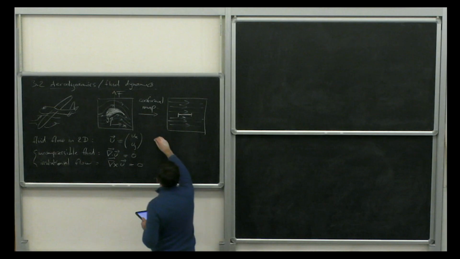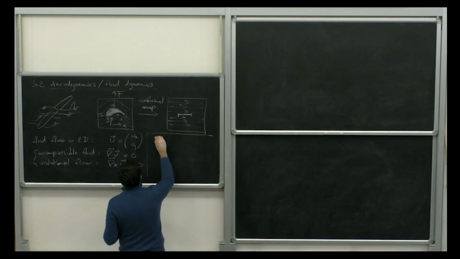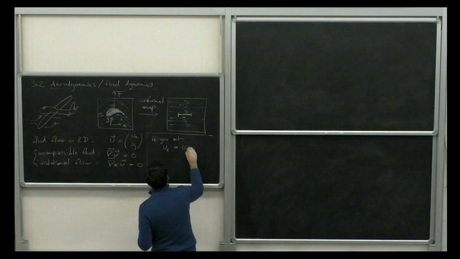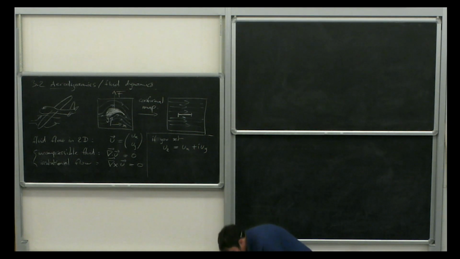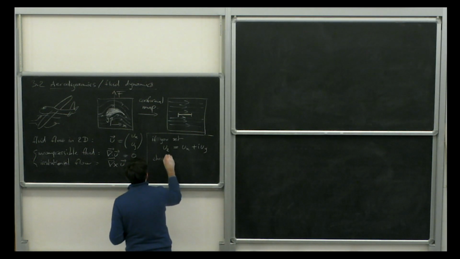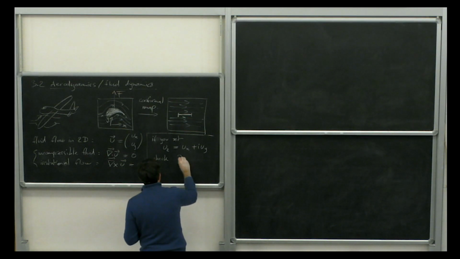And why is this? Okay, this is also something that you can do as an exercise, but essentially, if you work in complex coordinates, so if you set uz, which is just the complex coordinate version of this velocity field, so ux plus i uy, then you can check that these two equations become equivalent to the fact that dz bar uz is 0.